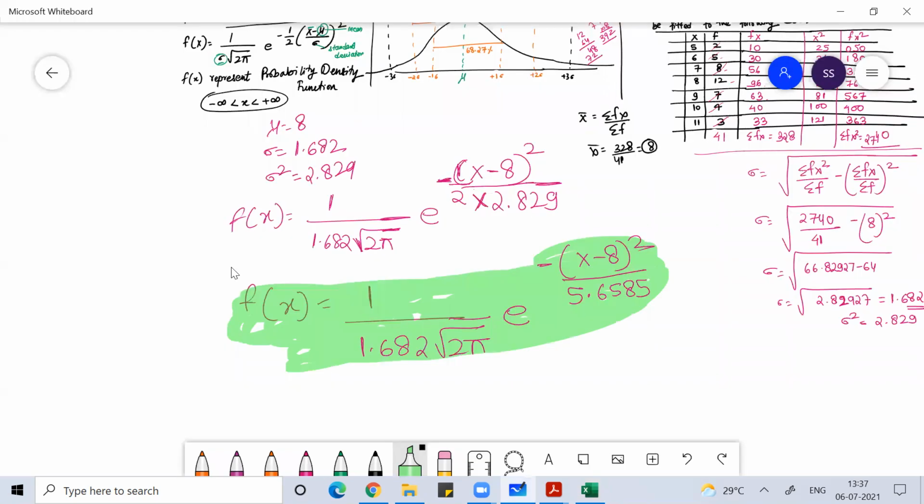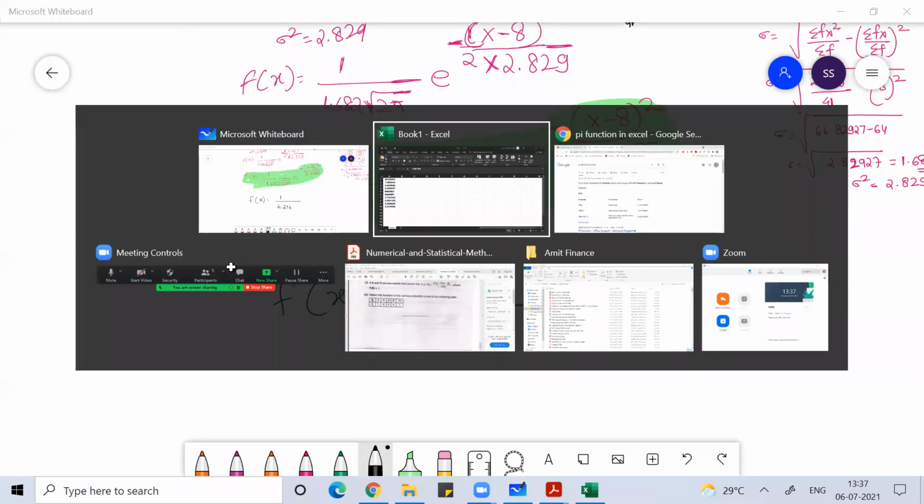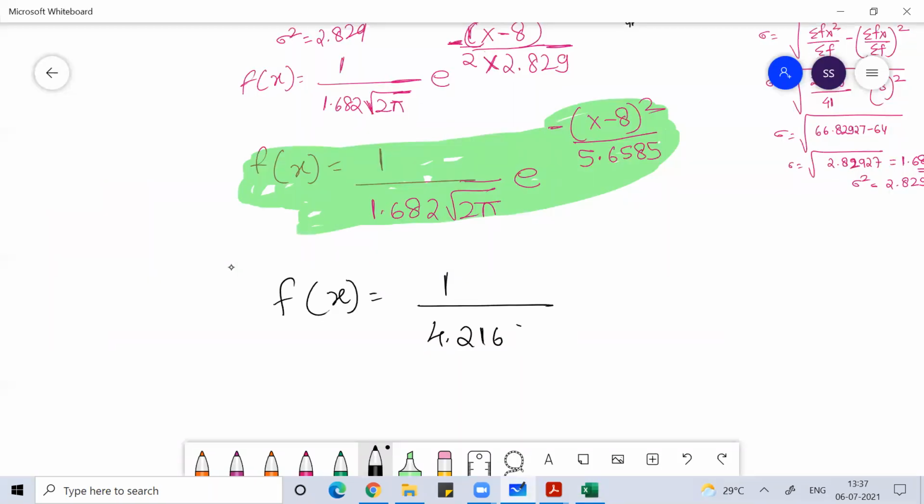That gives 4.216256. So if you want, you can write it further as 4.21656.